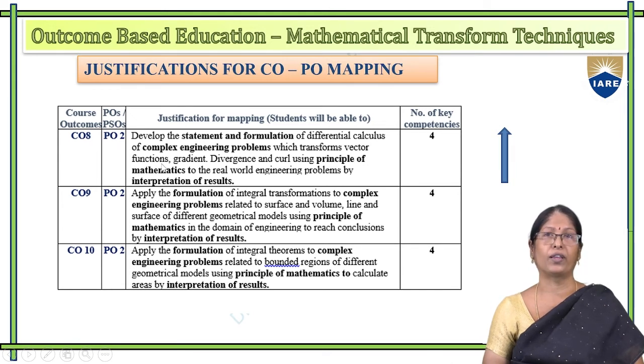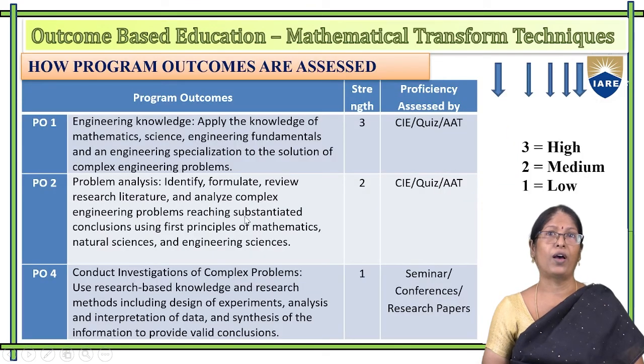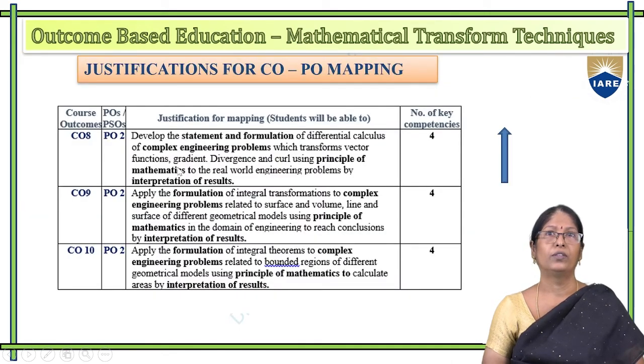The vector differential calculus is mapped to program outcome 2, and among the elements, 4 are satisfied. Here we can see the 4 elements: formulation, complex engineering, using principles of mathematics, and interpreting the results. These 4 elements are satisfied, so here 4, 4, 4 is written.